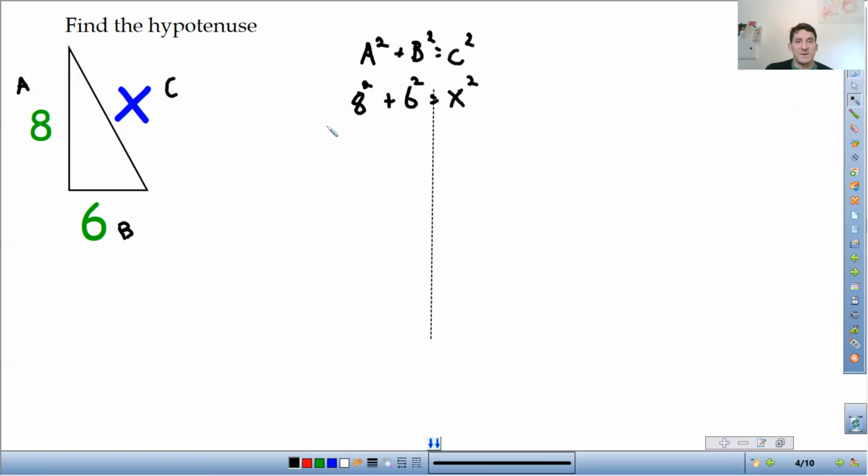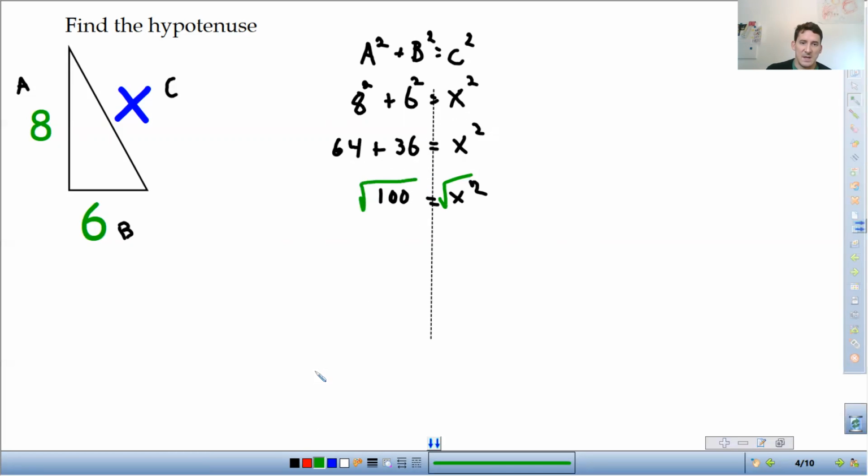You need to square first. So 8 squared is 64. 6 squared is 36. x squared is just x squared. 64 plus 36 is 100, equal to x squared. And then you square root both sides. Square root of 100 is 10, equal to x.